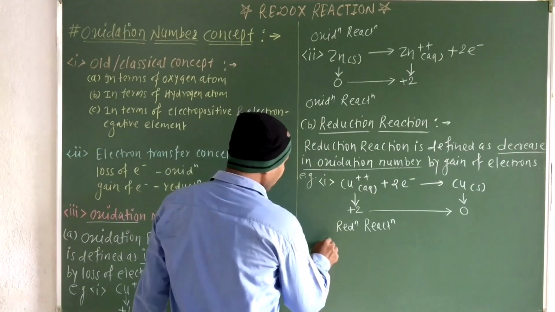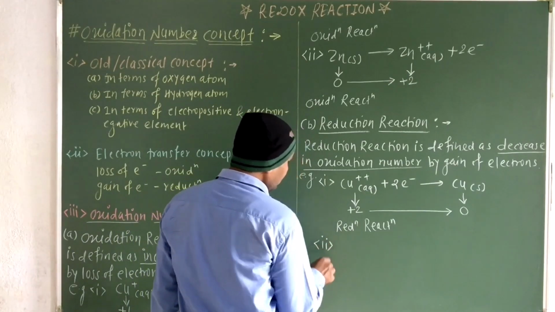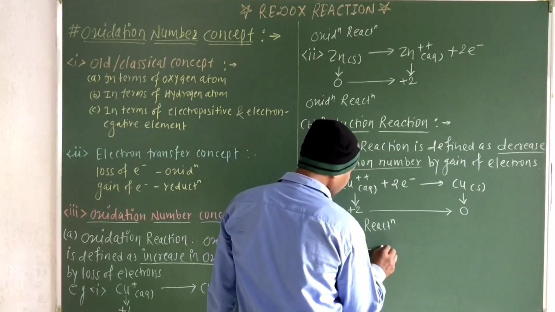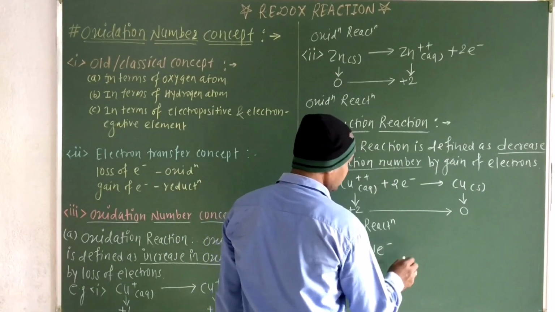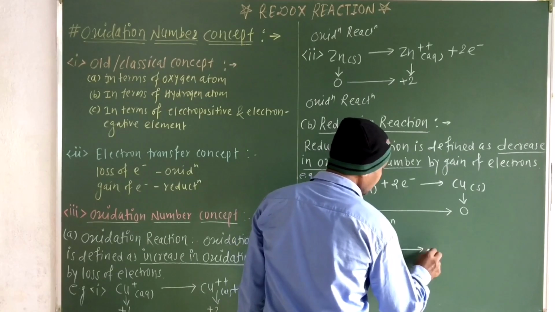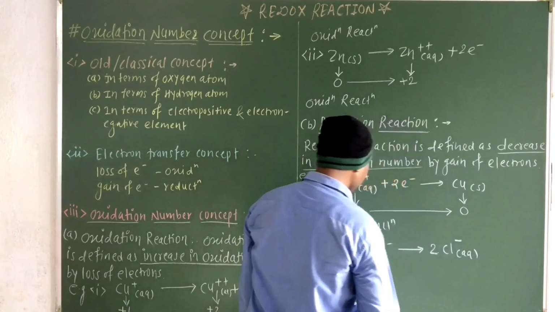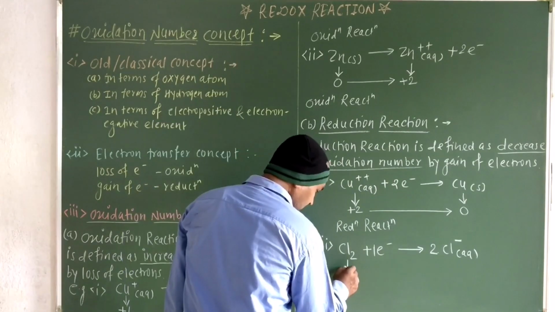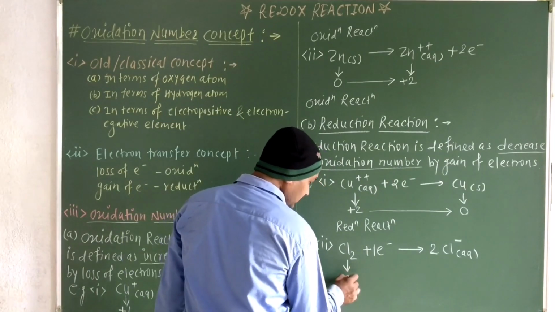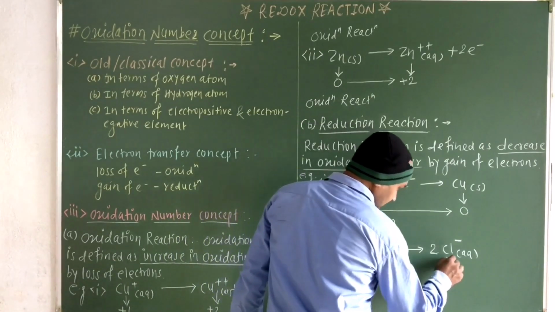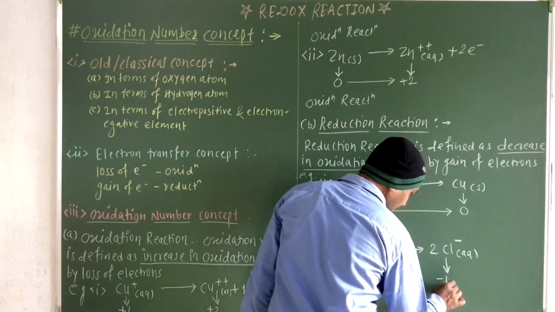Again, if I consider the second example for this one, that is Cl2 plus 2 electrons gives 2Cl- aqueous. Remember, the oxidation number will be 0 as it is the free elemental state, and here the oxidation number will be -1.